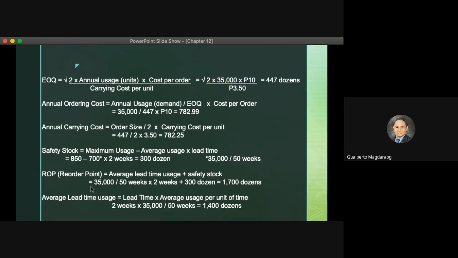The reorder point is 350 over 50 times 2 weeks plus the safety stocks, and therefore 1,700. The average lead time usage is 1,400 dozen. So the only difference between the average lead time usage and the reorder point is your safety stock, which is 300 dozen. So when you reach 1,700 dozen, that's the time you should order 447 units of ping pong balls.